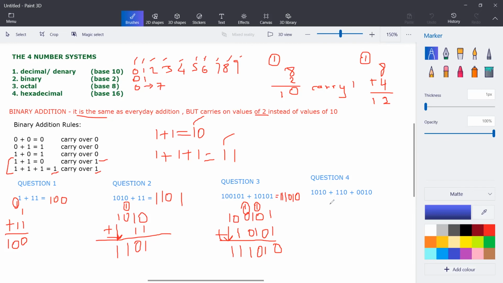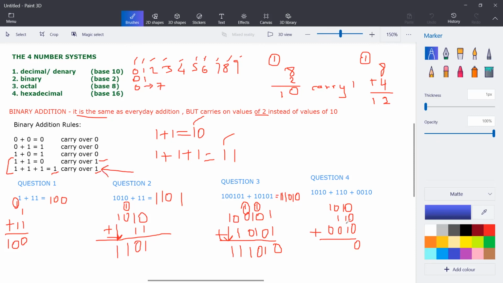So hopefully the fourth one brings something new. I have 1010, and then I have 110, then I have 0010. So I want to add these three binary numbers. So the very last column there is 3 zeros added, just 0, normal math. And then you have 3 ones added. So we'll use the last rule for that.